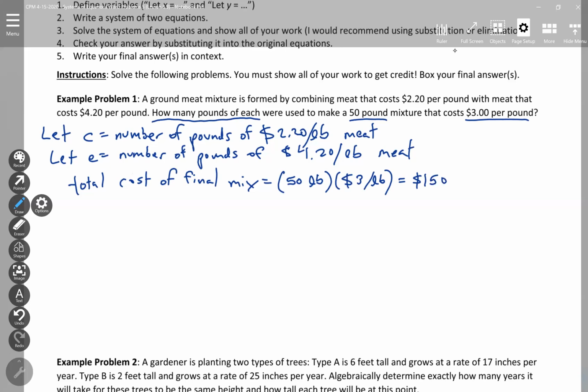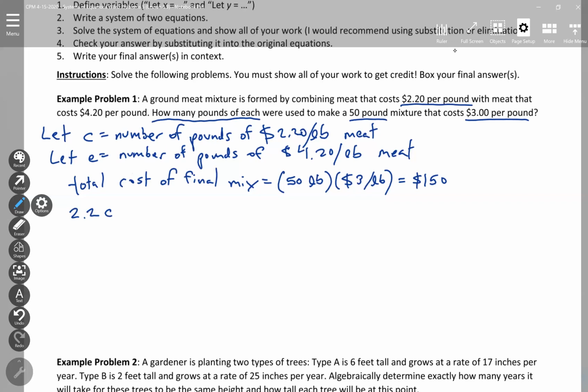Okay, so I think we're ready to write our first equation. The final mix is created by combining the meat that costs $2.20 per pound with the $4.20 per pound meat. The total cost of the cheaper meat in the mix can be found by multiplying its cost per pound, 2.2, times the number of pounds. For example, if we had 2 pounds of the cheaper meat, it would be 2.2 times 2, or $4.40.